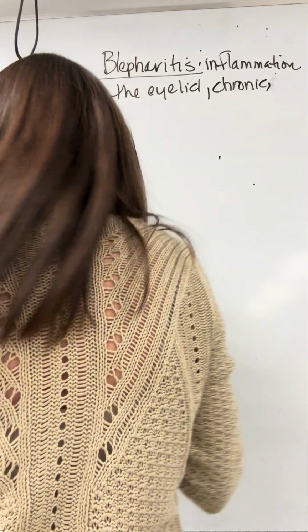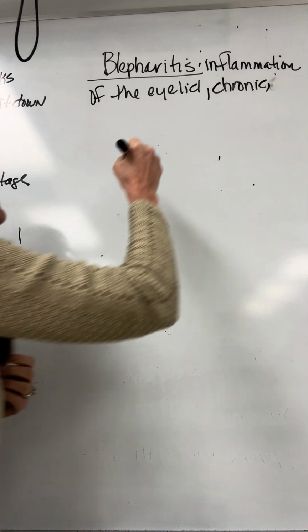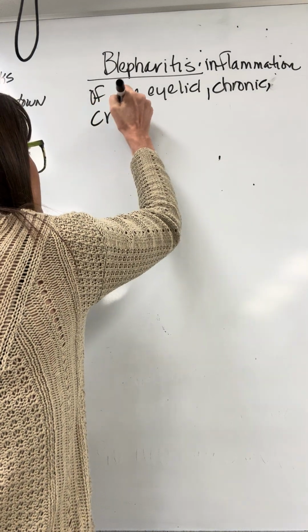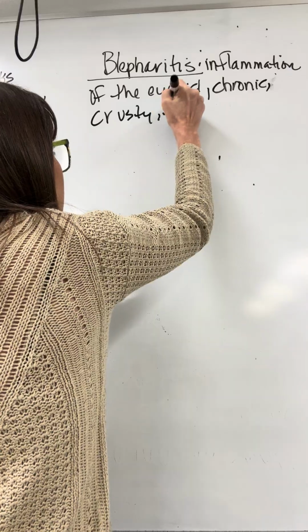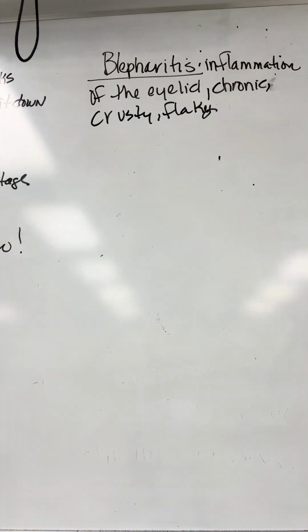Sometimes it can be better than other times, okay? But it is chronic. And this is crusting, flaky, and it's on the eyelid. Light sensitivity, discomfort, or burning eyes, okay?